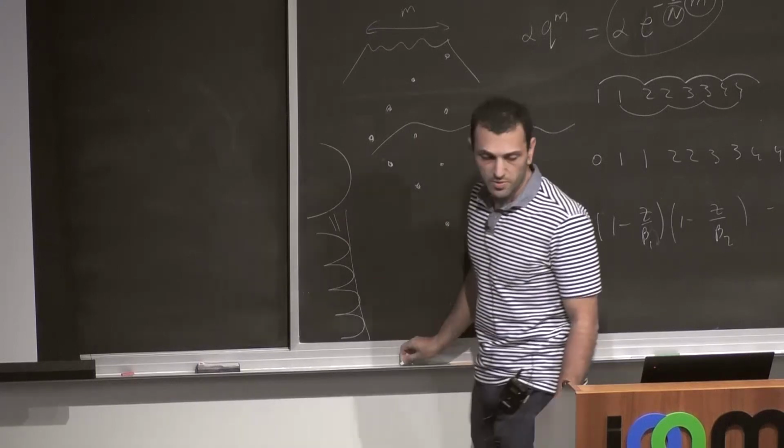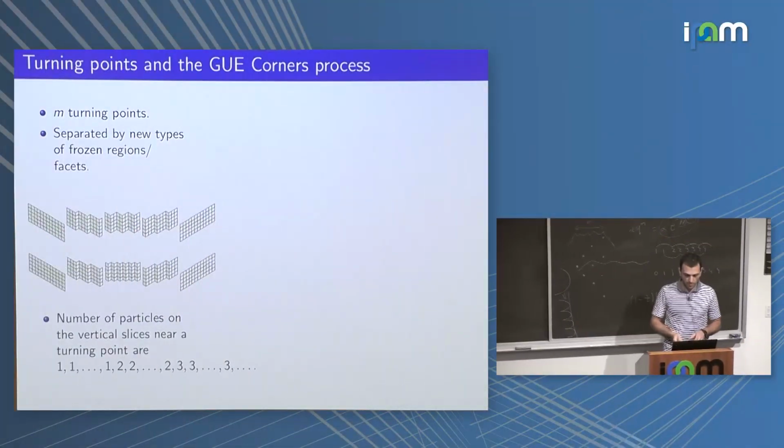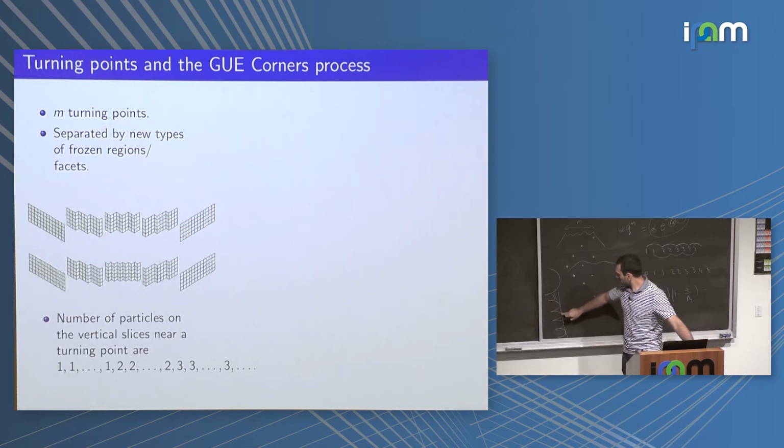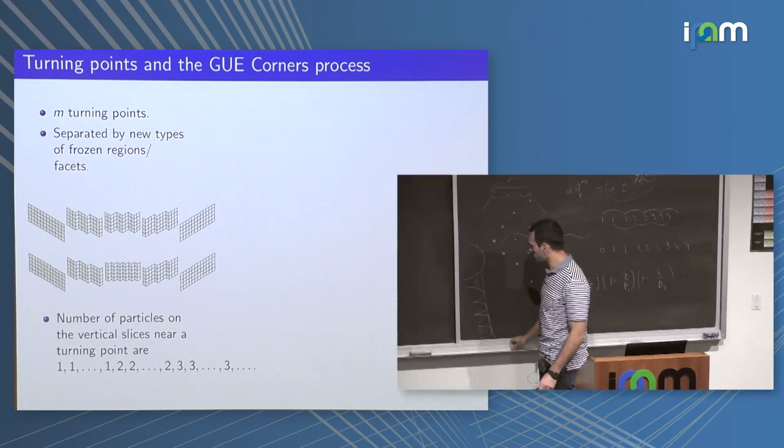This is a frozen region where one tile appears with probability 1. It looks like this. The frozen region at the very bottom is again a frozen region where one tile appears with probability 1. It looks like this. And in these middle frozen regions, in each one of them you have 2 tiles appearing in a deterministic pattern. And you can specify an arbitrary pattern.